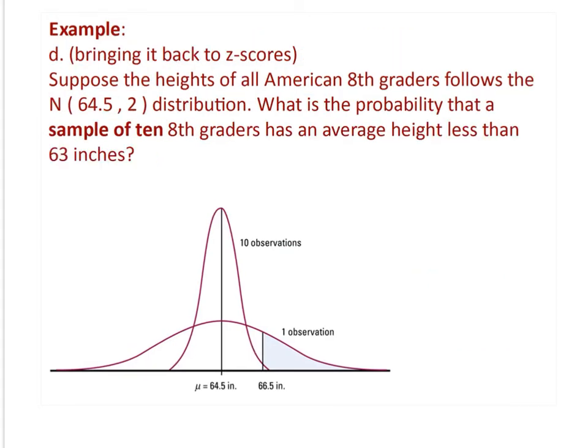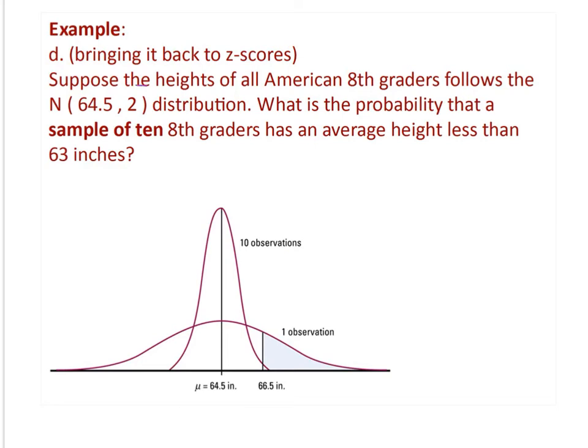So why we do all of this work, the purpose of all this finding the mean and standard deviation of a sampling distribution, is to bring it back to z-scores. We really like z-scores, we really like table A, and so everything we do is working towards that goal of being able to find a probability using table A and using z-scores.